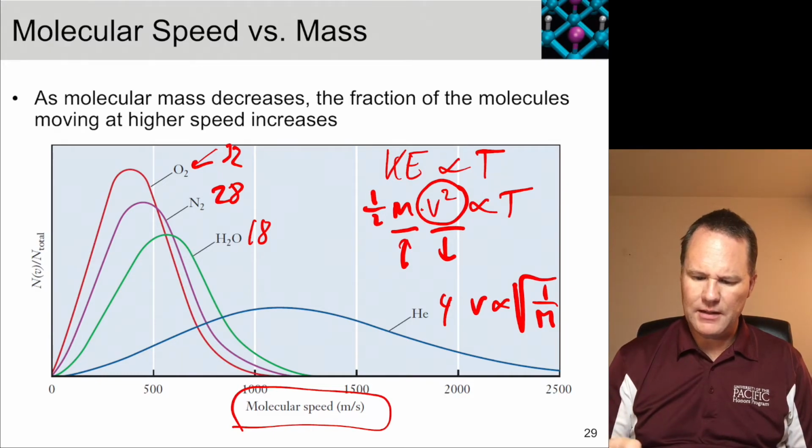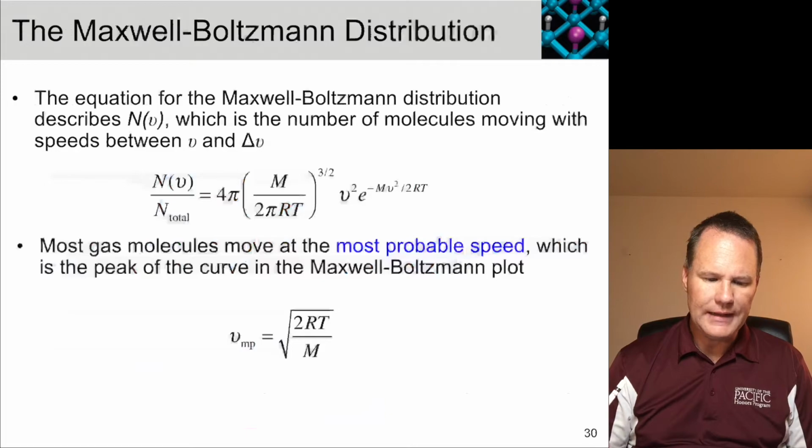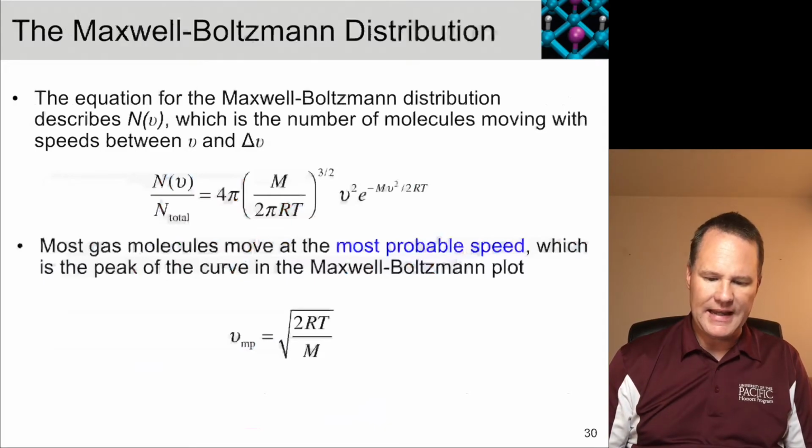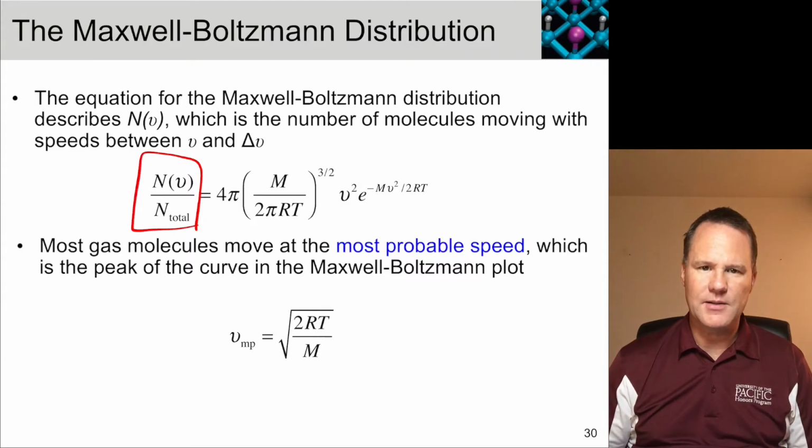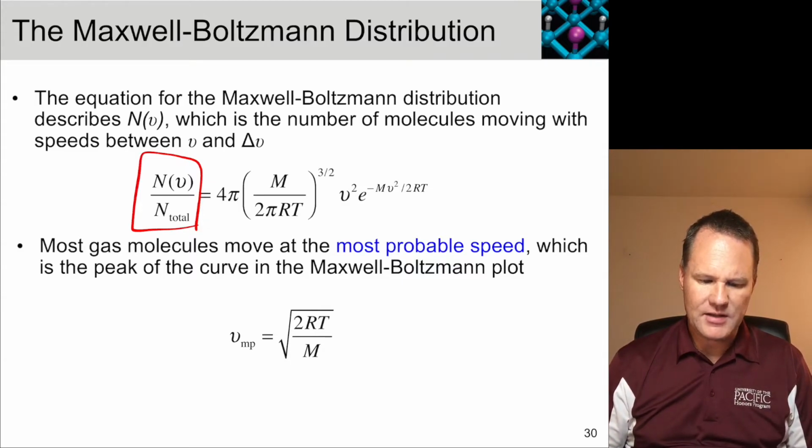Why square root? Right, because the velocity squared is what is inversely proportional to the molar mass. Right, and so now we can use this Maxwell-Boltzmann distribution, and this just says that what is the probability, the number of particles with the particular velocity over the total number of particles. And so we have this formula.